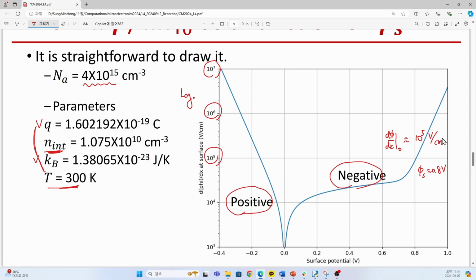However, you have to understand this is a negative sign, so we have a negative sign here. Okay, so this is just a matter of presentation.